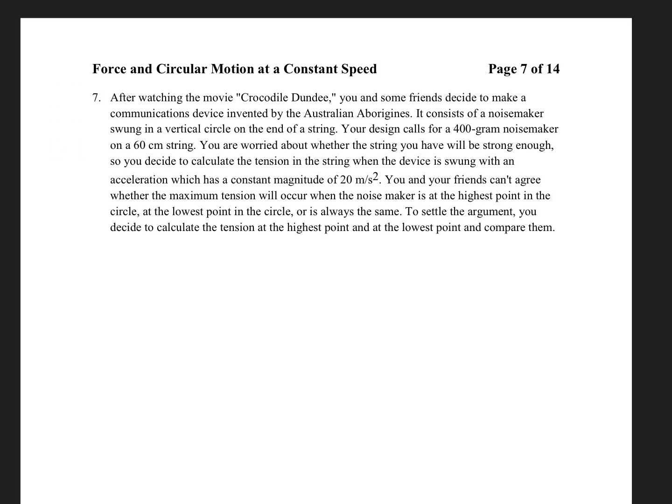But problem 7 might be a little bit of a stretch for that. So let's go over it. This is letting us apply all this stuff we've been reading about, some of what we've been modeling in the Python.